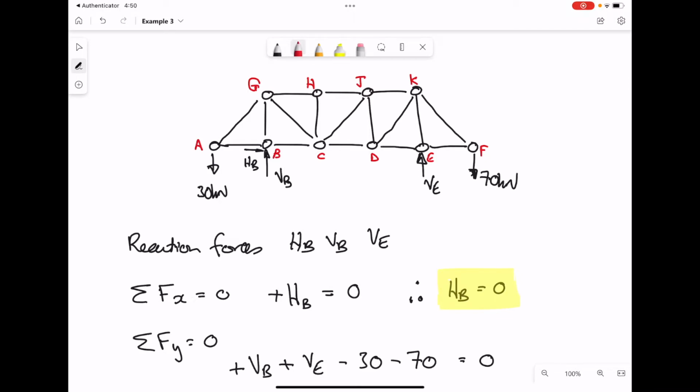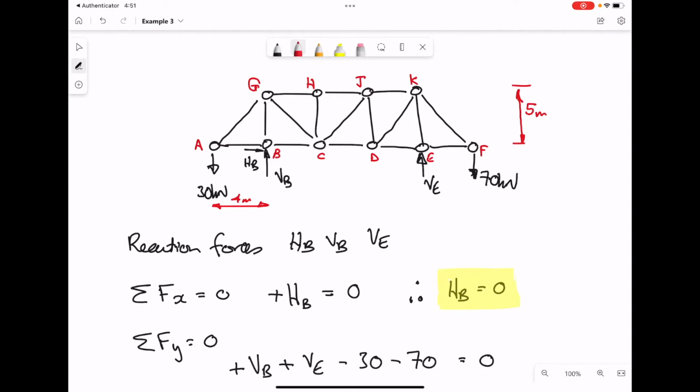So HB and VB act at point B, their offset distance is 0, so therefore won't produce a moment. For the 30 kilonewtons, the distance from point B is a distance across of 4 meters. The overall height of the structure from the very initial diagram is 5 meters.